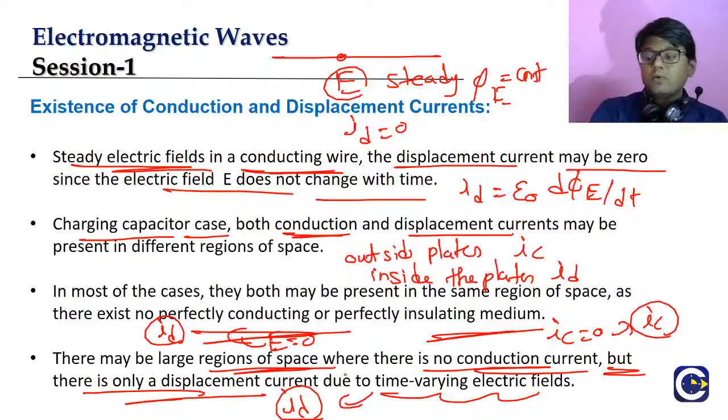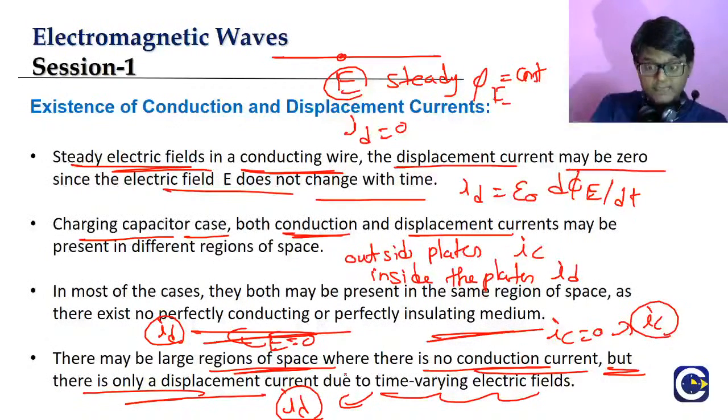So in space, when you look at the reason for the magnetic field coming into the picture, even though there is no current through that area, because the conduction current may not be there, still the magnetic field might get produced.